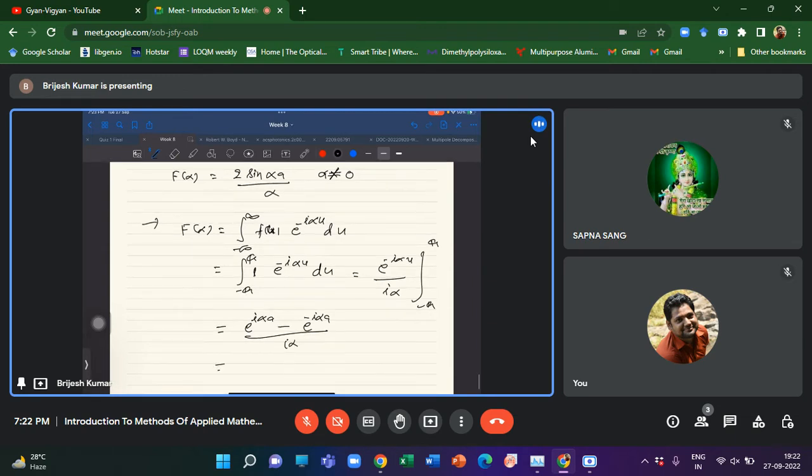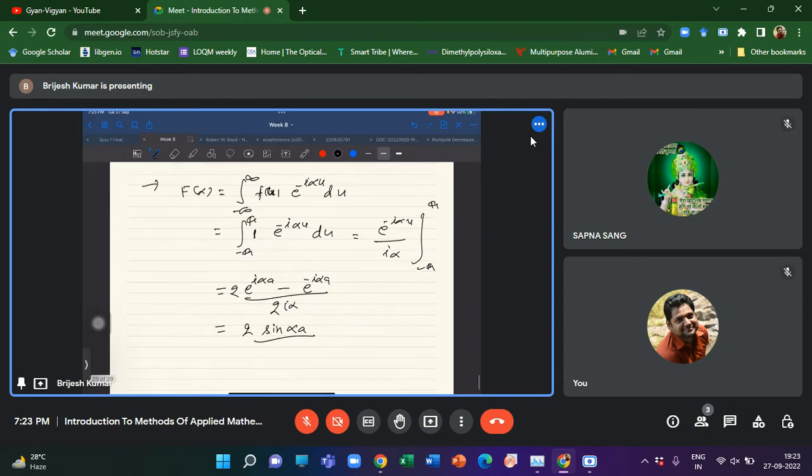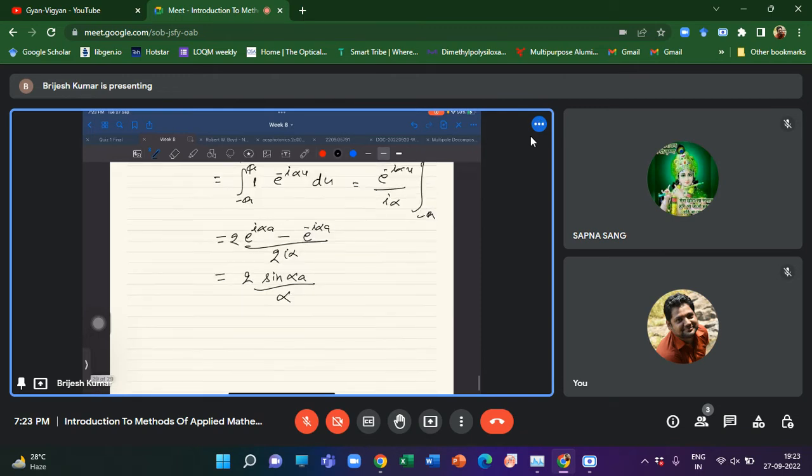If we multiply by 2, then it will be 2 sine alpha a upon alpha. If we put alpha equal to 0, F of alpha will be 2a.